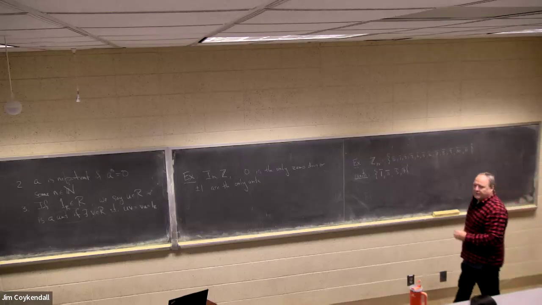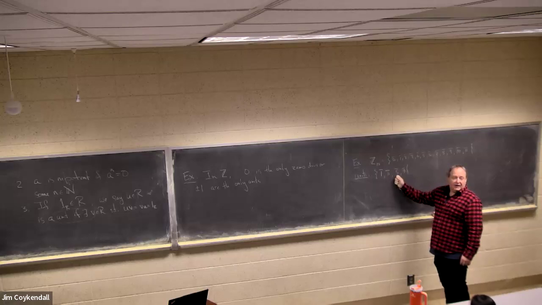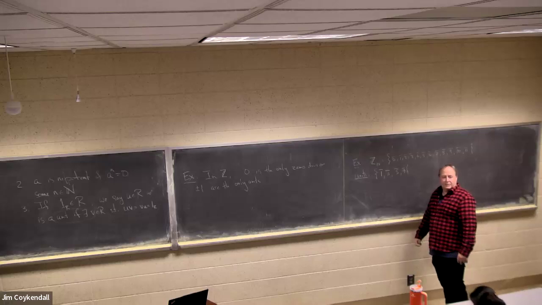Notice that these are all their own inverses too. 11 times 11 is 1, right? 5 times 5, which is 25, it's 1 plus 2 times 12. 7 times 7 is 49. So these are their own inverses, right? And that's it.